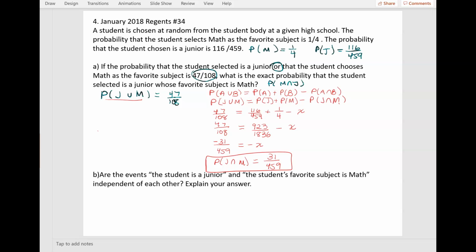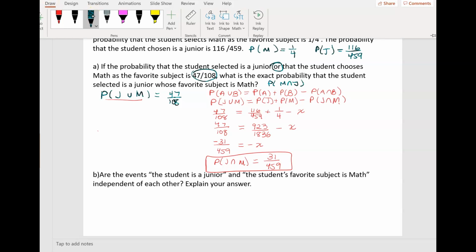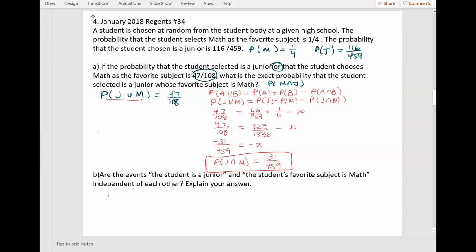The next part of the problem says, are the events that a student is a junior and the student's favorite subject is math independent from one another? And you could do either method that we've done before, but since we just found in part A the intersection of two events, I'm going to use this method in order to show independence.